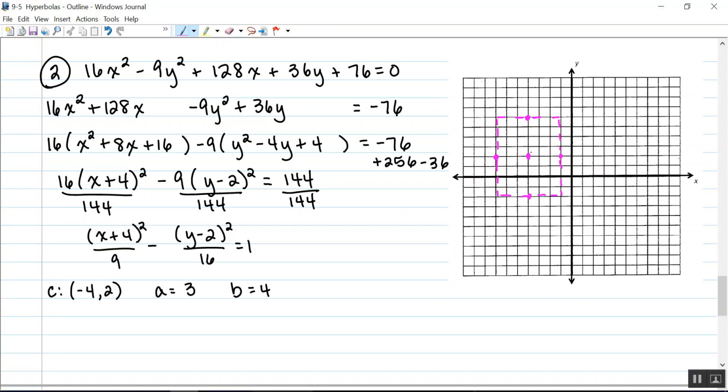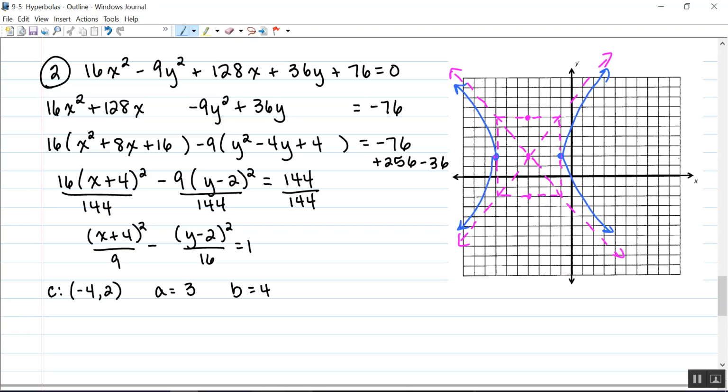I can also draw in my asymptotes, which are the diagonals of that rectangle. And from here, that's actually enough information to go ahead and graph it, because I know I'll have a vertex here and a vertex here, and it curves out toward the asymptotes like that. So there's my graph.